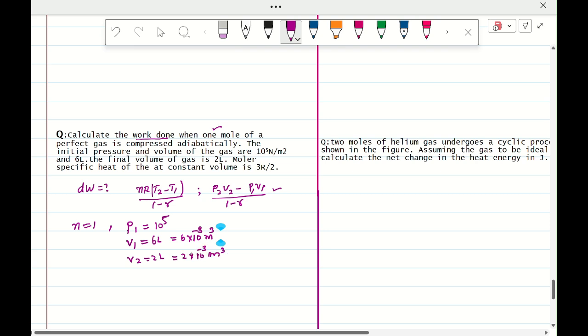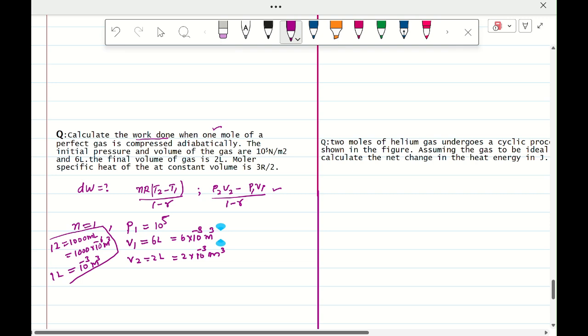I gave the liter conversion in the last video. 1 liter is equal to 1000 mL, 1 mL equals 1 cc, that is 10 power minus 6 meter cube, so 1 liter equals 10 power minus 3 meter cube. You can use this conversion.